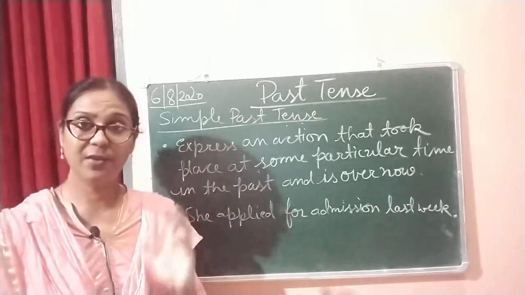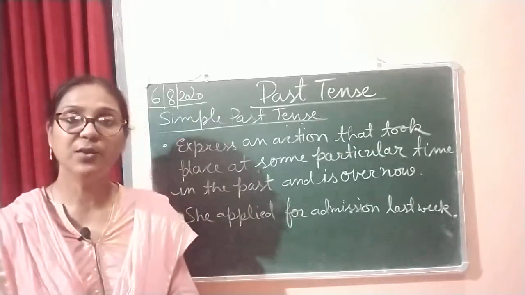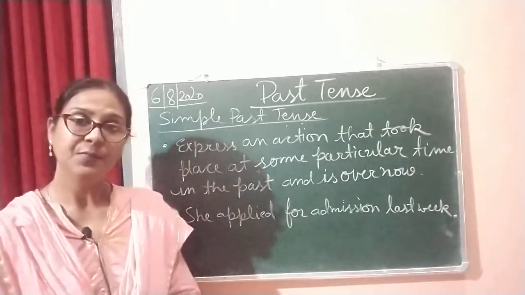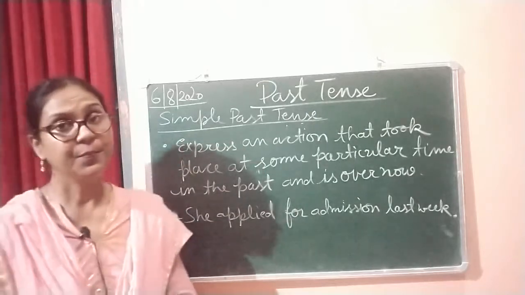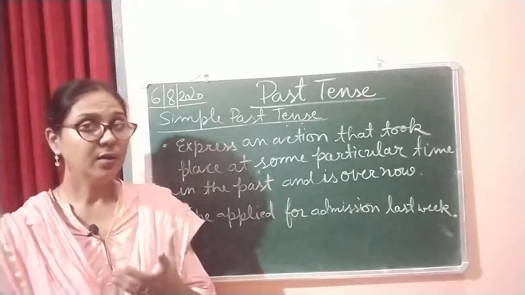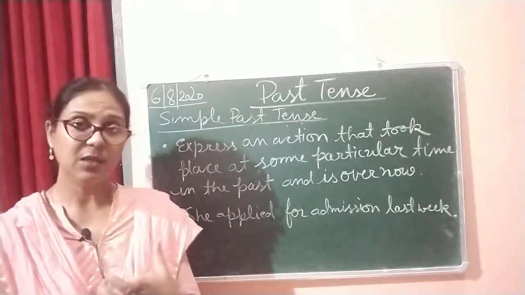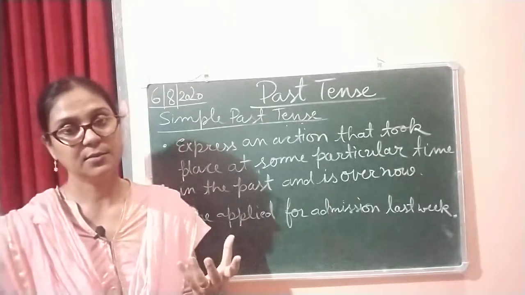So now we are moving to how to form simple past tense. First of all, whatever we have learned, the uses of past tense, we are just going to revise. First is to express an action which is done in the past, or a habit or regular activity which was done in the past.